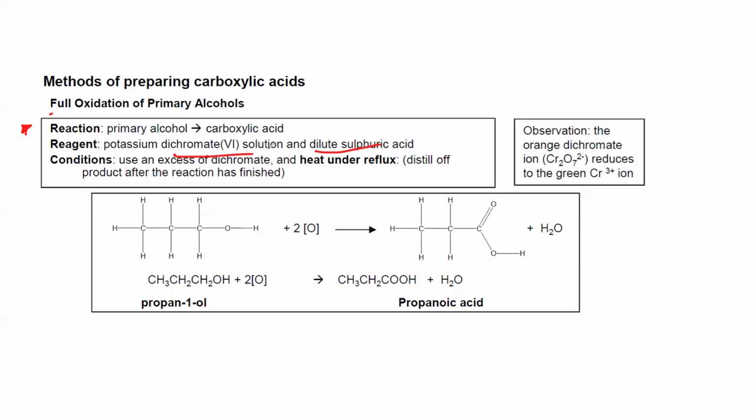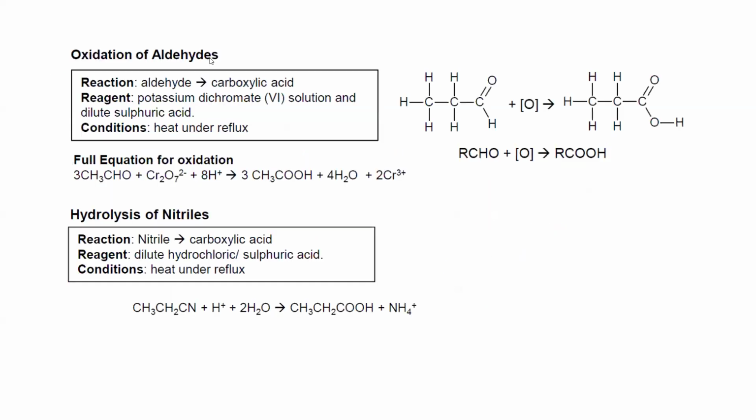We use oxidizing agents such as potassium dichromate(VI) in the presence of sulfuric acid, and it is heated under reflux. If we have an aldehyde, we can also oxidize the aldehyde. That will also result in the formation of a carboxylic acid.